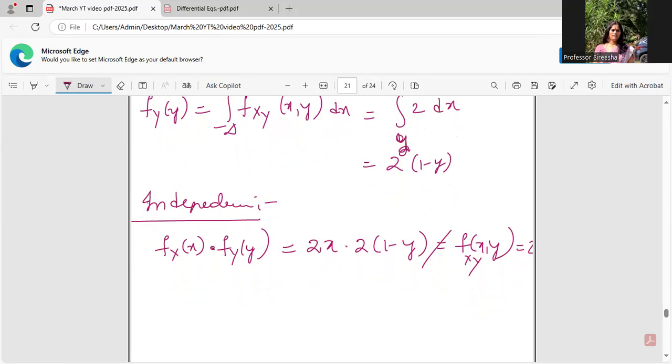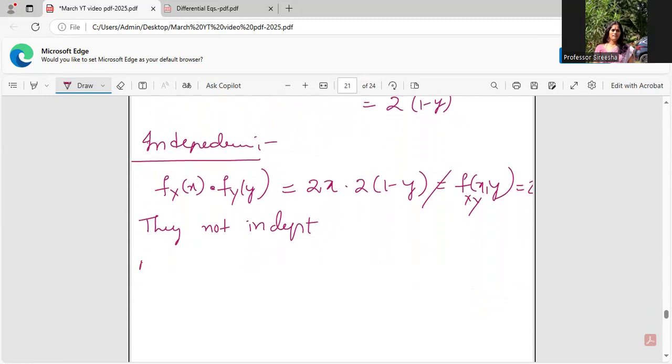They are not independent is what I will write. Only if I'm able to express it as a product, then they are independent. I will tell you one hint here, guys. Independence is possible only when e to the power things are there. Next video, I'll be doing a problem of this type, e to the power x squared plus y squared or e to the power x plus y kind, where I can write e to the power x into e to the power y.